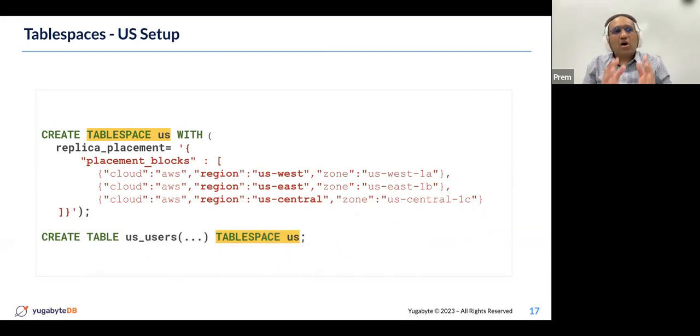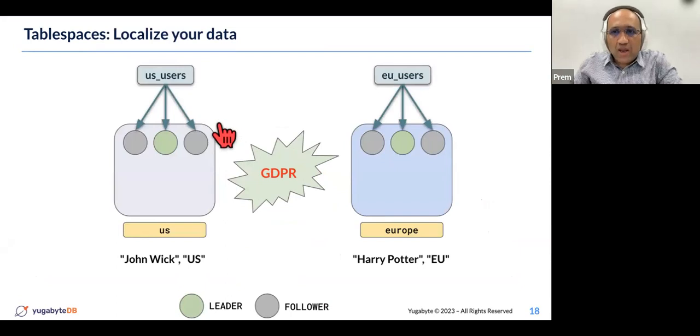Now, automatically, all the user data for US will be in US and European users will be in Europe. Let's see how that works. So here now the US users table has leader in the US data centers and the replicas also are placed here. And the European users data is right here in Europe. So you have Harry Potter in Europe and John Wick in US.